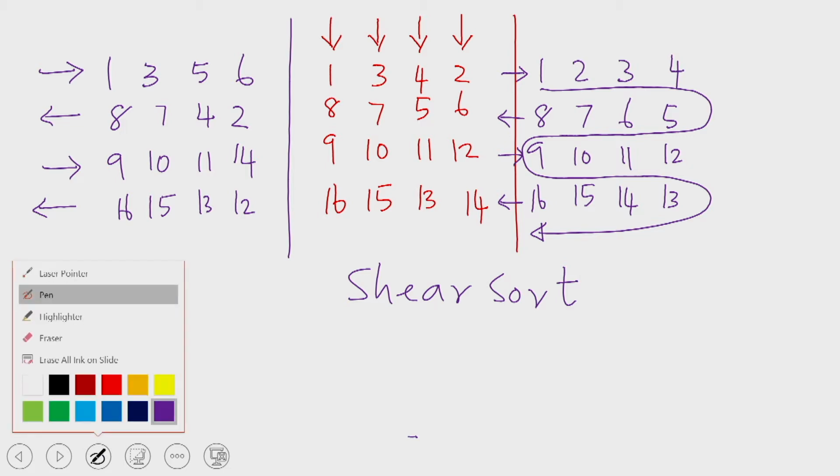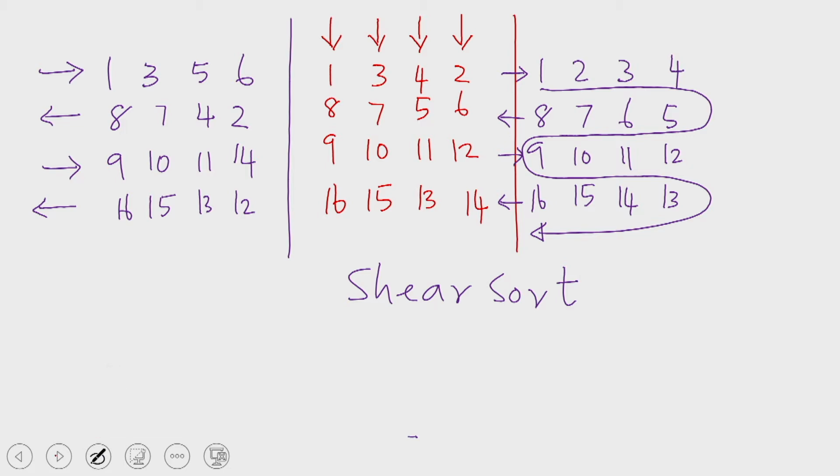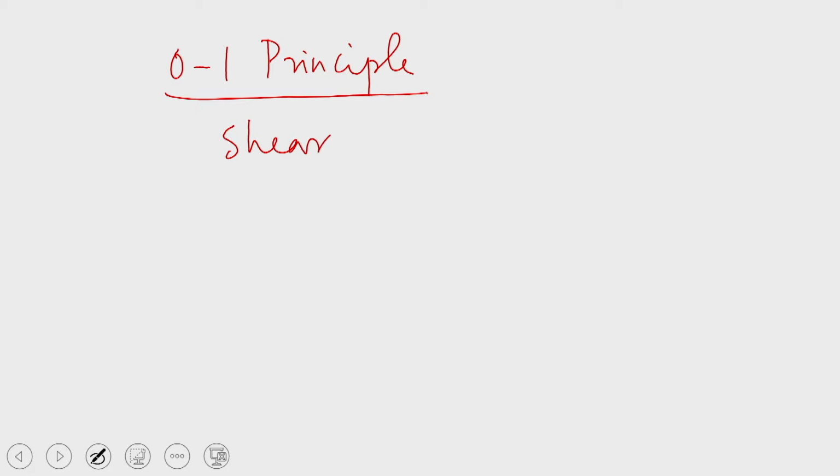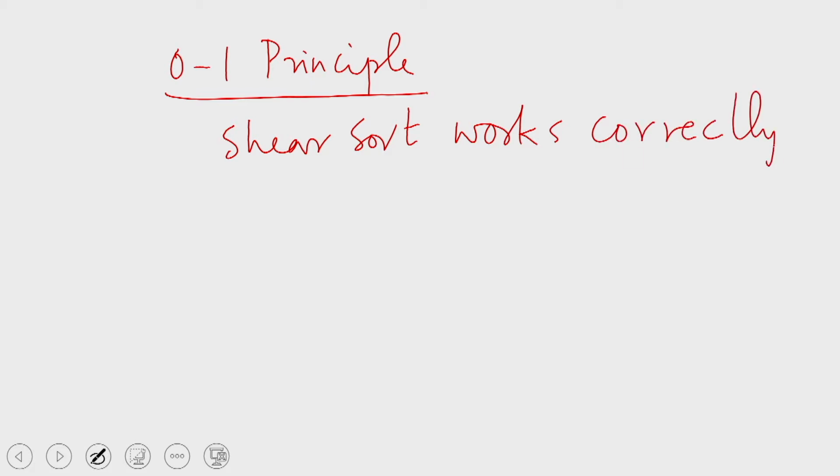So, once again we will invoke the ZeroOne principle. Once we invoke the ZeroOne principle, all we have to show is that shear sort works correctly on any binary sequence.